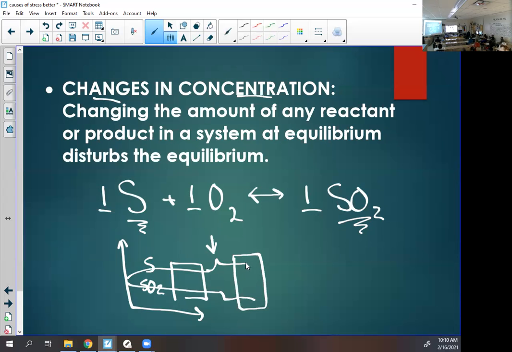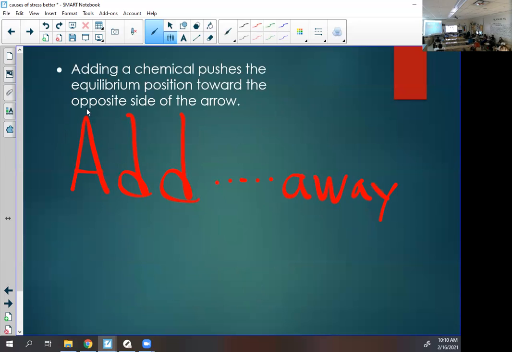And these will be flat again, but they'll be at different points on the graph. Now that's complicated. That's what we're saying. If I have a system at equilibrium and I add or subtract an amount of reactant or product, it will disturb the equilibrium. Okay, here we go. Adding a chemical pushes the equilibrium position towards the opposite side of the arrow.